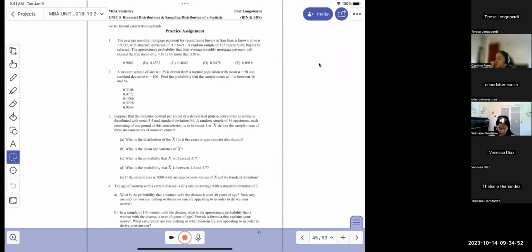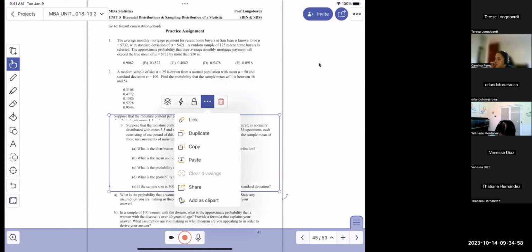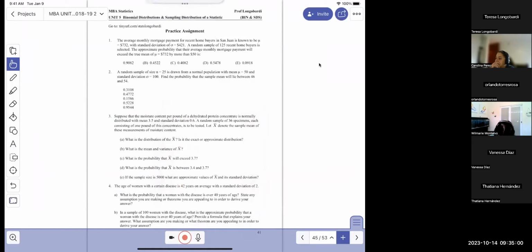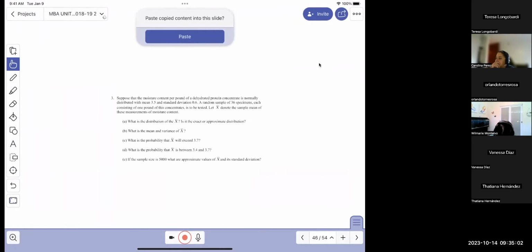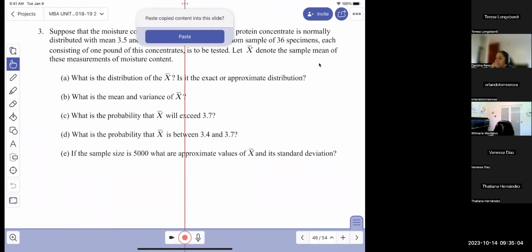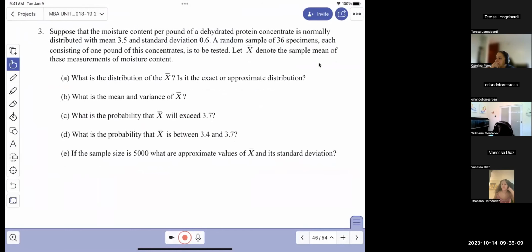I'm going to take this away. Okay, so from now on, you're going to refer to that formula sheet. Most things you need are going to be there. You just need to know how to use it.